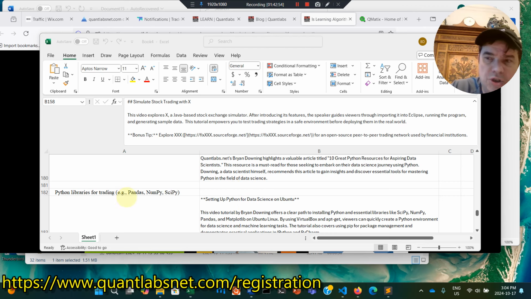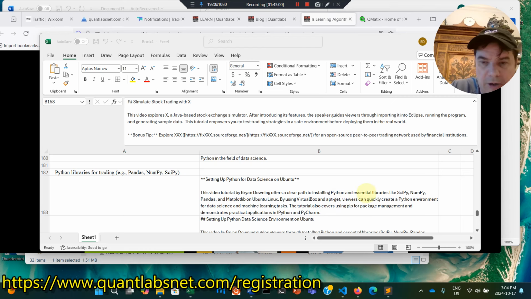Python libraries for trading. This includes the standard pandas, numpy, and scipy. So here, a clear path to install Python and essential libraries like, as I said, scipy, numpy, pandas, matplotlib on Ubuntu Linux. This is older.